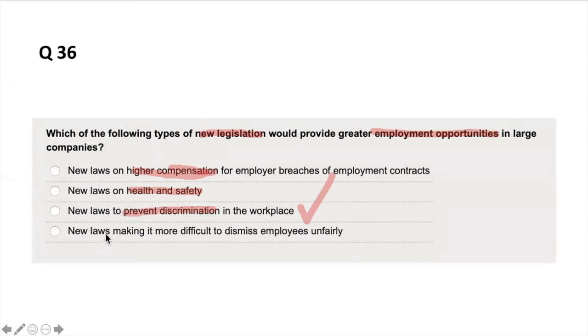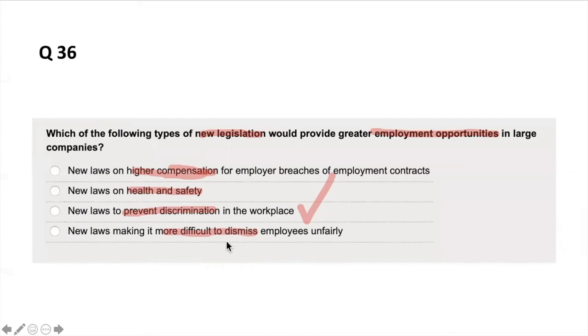And finally, new laws making it more difficult to dismiss employees unfairly. That would probably be something that would keep the same people in the company, from my experience, because this new law that would make it difficult to actually dismiss someone would probably make, again, the company cautious, because the law would protect the individual, the employee, being dismissed unfairly.